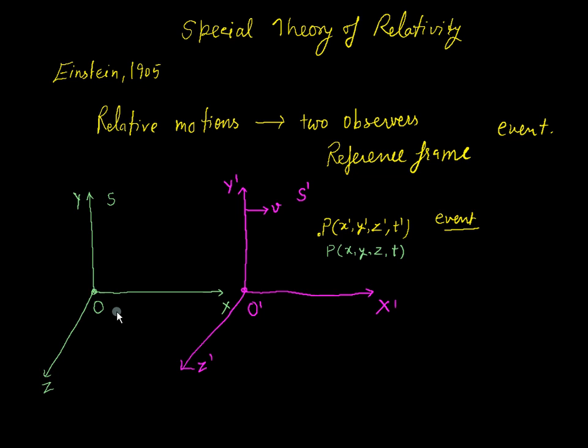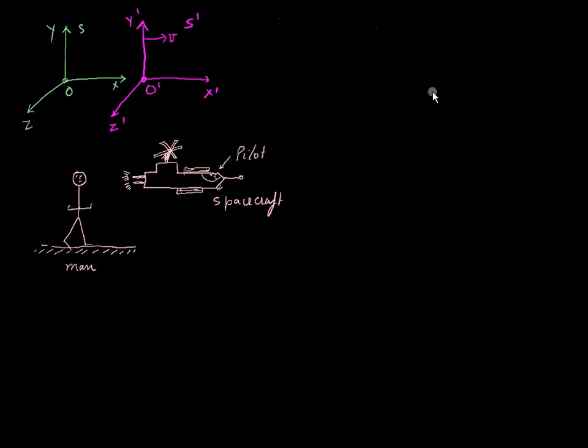Now we will see physically what is happening. So here in this S and S prime frame, if you see the lower picture, what do these S and S prime frames represent? I have just tried to explain here. The man on the surface of the earth, a spacecraft in the sky. So there are two things.